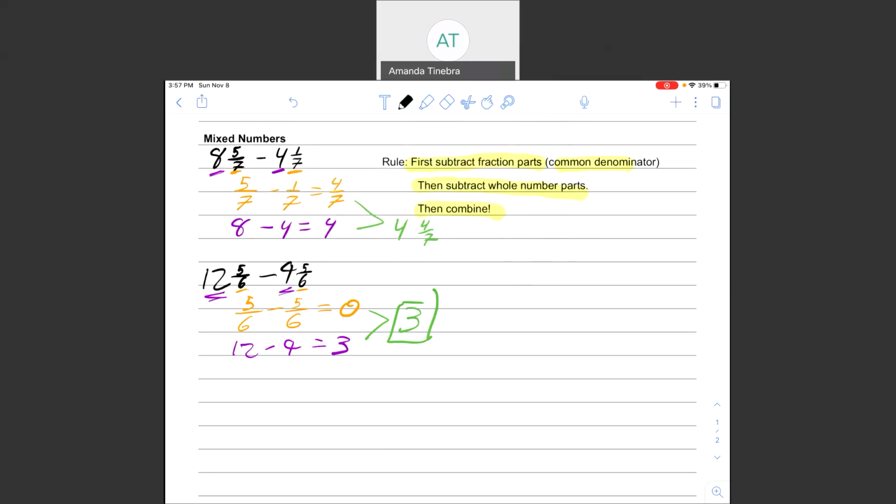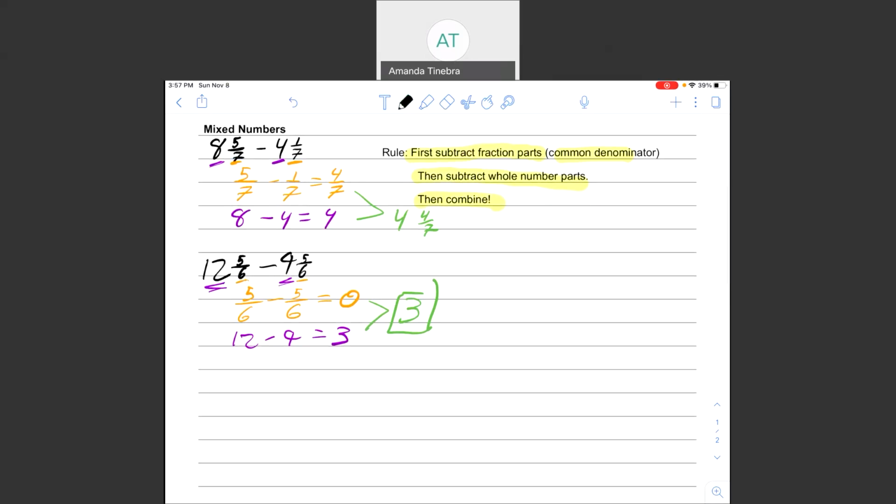Another thing that might happen is you might get a problem that does not have common denominators. So let's say you have 5 and 3/8 minus 2 and 1/4. Okay, well, if you don't have a common denominator, we need to find a common denominator.